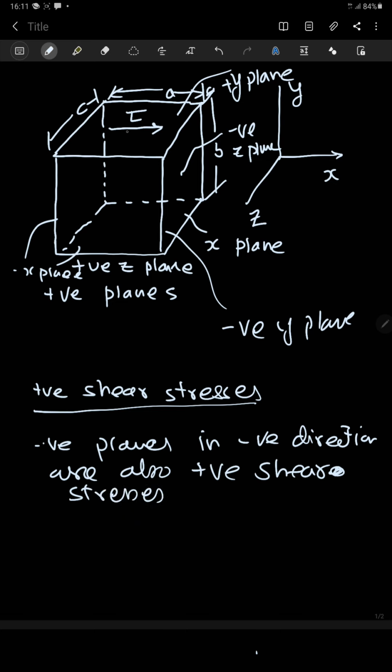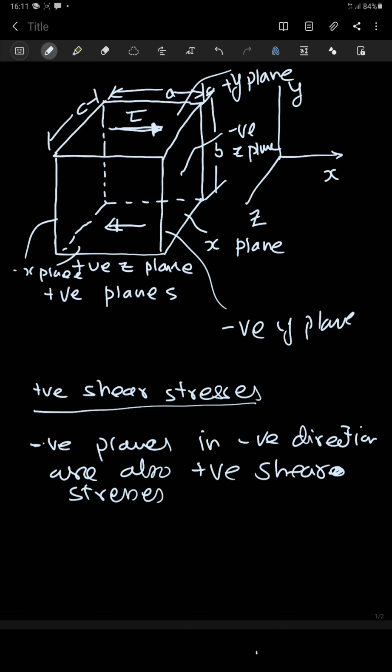For example, here you can see this is a positive y plane and shear stress is acting in the positive x axis. Suppose shear stress is acting on the negative y plane, but in the negative x axis.